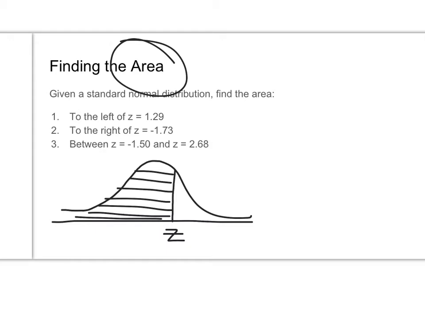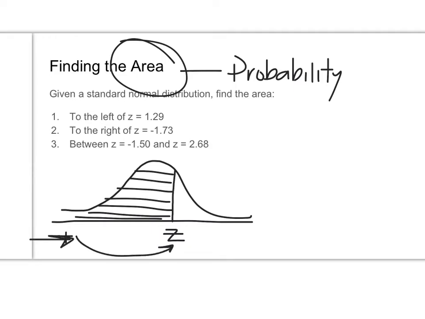So again, if you want to find a probability, all we have to do is find the area bounded by the graph from the left, from negative infinity up to the z value or the z-score. So let me illustrate this idea.